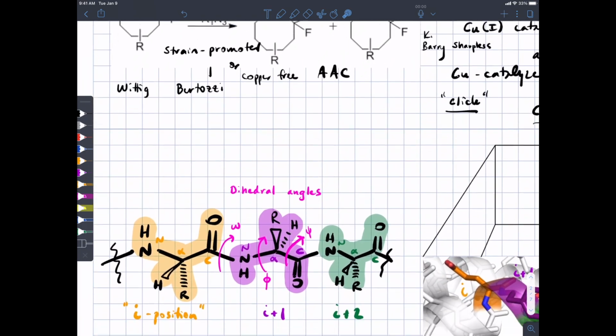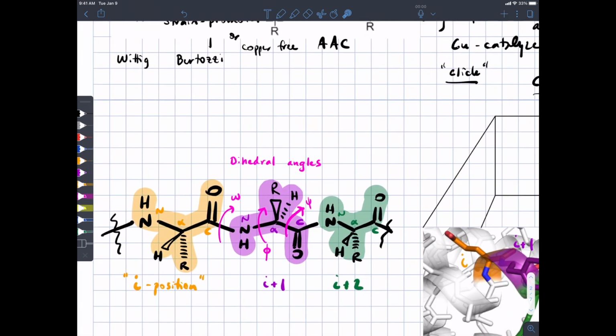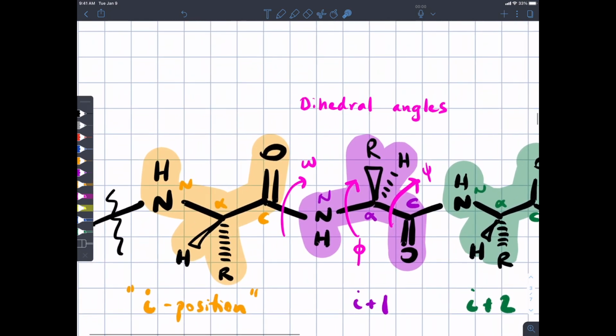So here is a peptide. A peptide is an oligomer of amino acids. An amino acid is a molecule that has a carboxylic acid and an amino group. These amino acids are linked together via amide bonds. I've labeled the individual amino acid subunits. You have a carbonyl carbon, often labeled C. You have a carbon that is alpha, or adjacent to that carbonyl carbon, call that the alpha carbon.